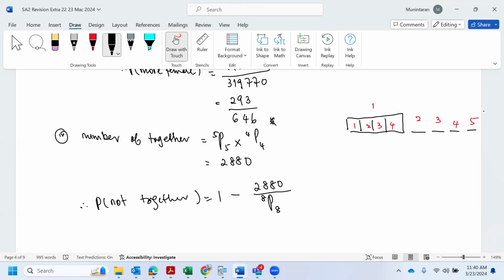There are 8 of them, you arrange them regardless, that's without restriction, 8P8. You'll get your answer, which should be 0.9286. Are we okay here?